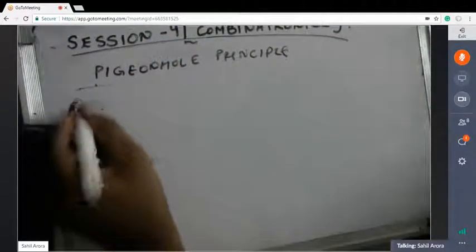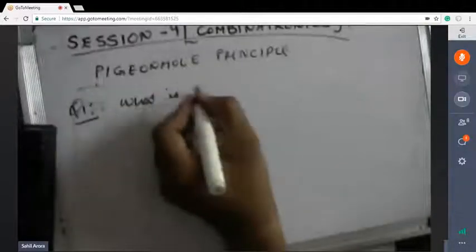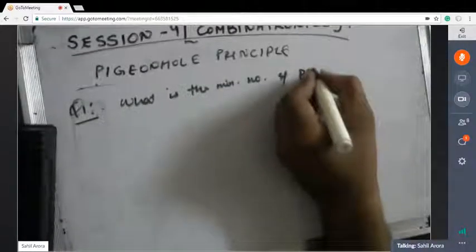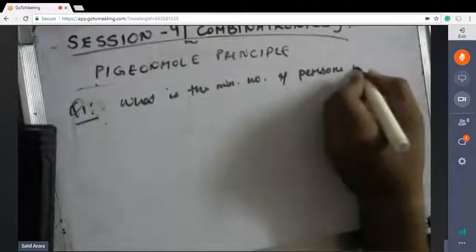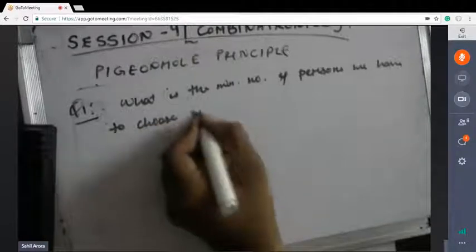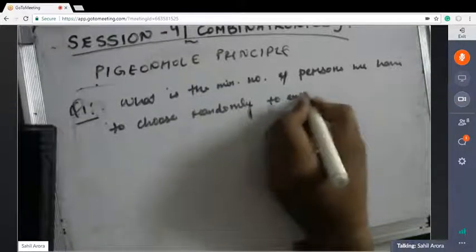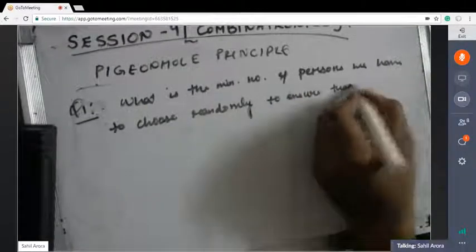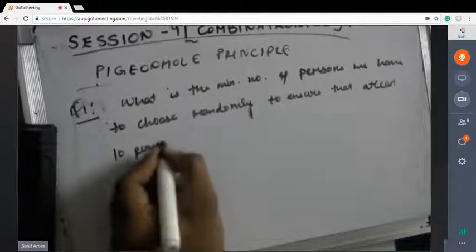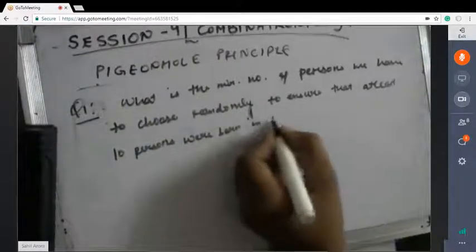Okay, so the first question is, what is the minimum number of persons we have to choose randomly to ensure that at least 10 persons were born in the same month?